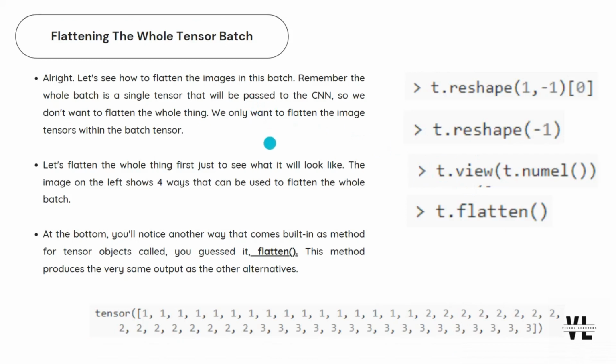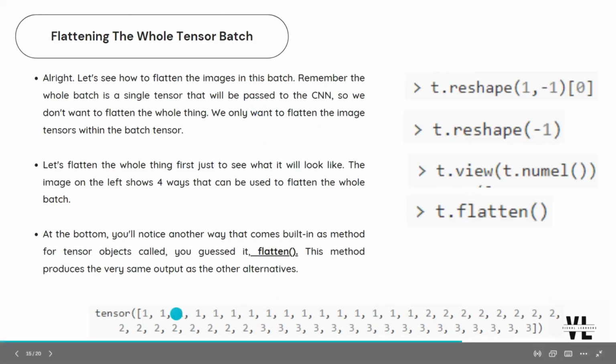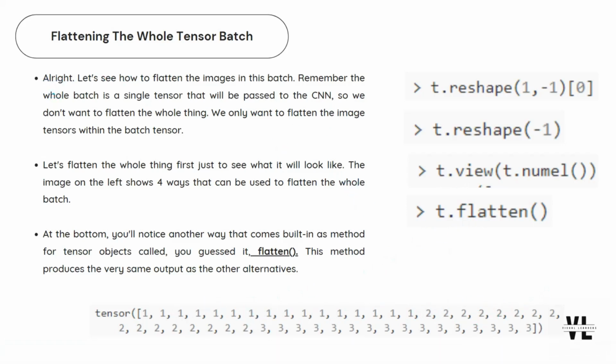Now let's see the flatten operation and how to flatten the whole image into just a single dimension. Remember, the whole batch is a single tensor that will be passed into a CNN. So we don't want to flatten the whole thing, we only want to flatten the image tensors within the batch tensor.